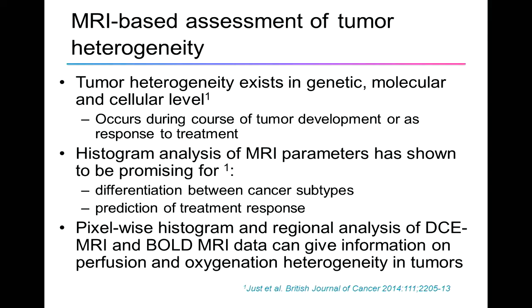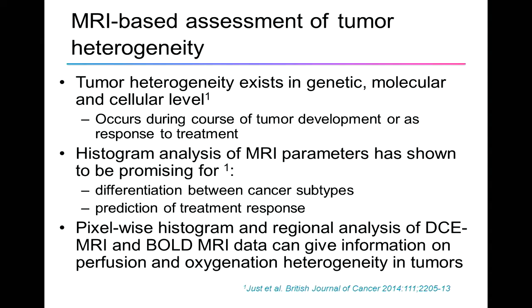Tumor heterogeneity exists on a genetic, molecular, and cellular level and occurs during the development of tumors and also as a response to treatment. It has been shown that histogram analysis of MRI parameters is promising for the distinction between different cancer subtypes and also for the prediction of treatment response.